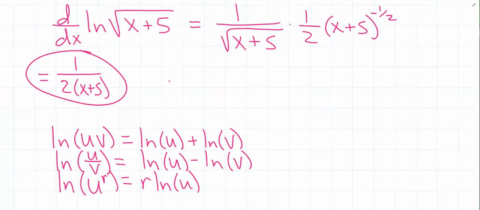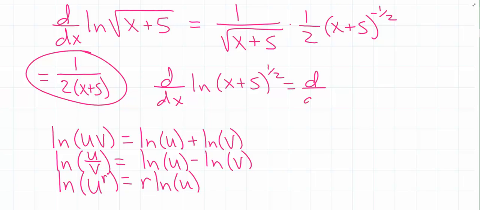So, for example, this problem here. Notice I want the derivative of the natural log of (x plus 5) to the 1/2. Well, because that's a log, I can write that this way: the derivative of 1/2 log of x plus 5. You can bring it all the way out front.